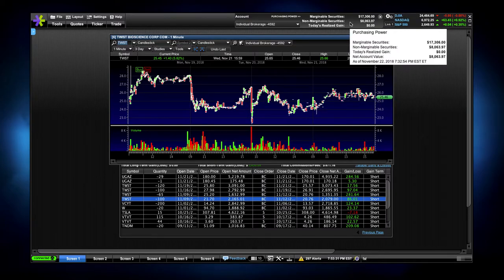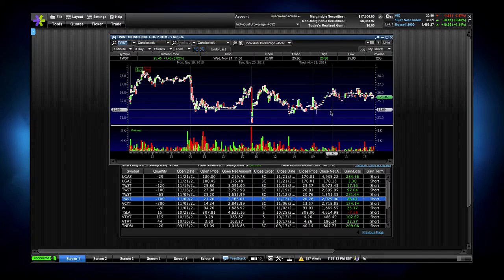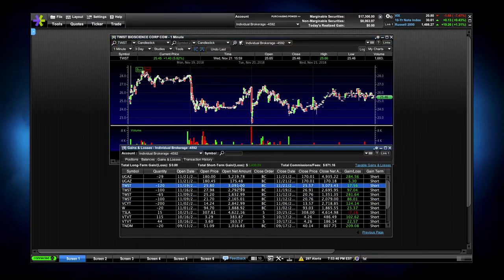Today is November 22nd. Yesterday, November 21st. I didn't get that morning panic. I waited, and I got out at something around 25.57 for a $17 gain.